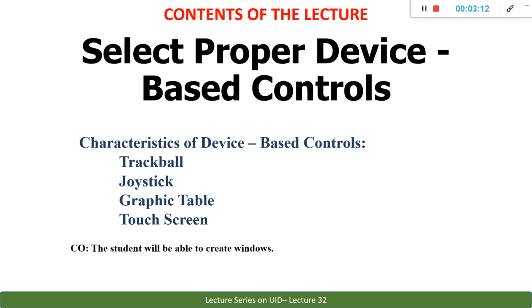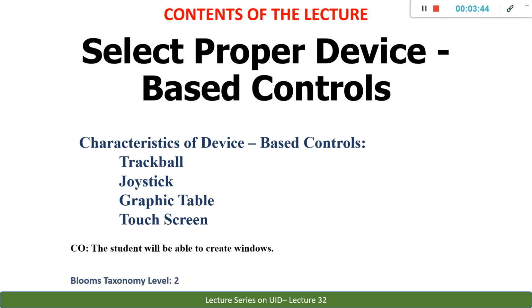So today we are going to see the characteristics of four devices, how the device based control can be implemented, when it should be implemented, whether it has an advantage or whether it is filled with disadvantages. We'll see that. The four controls are trackball, joystick, graphic tablet, and touchscreen. Okay, so we'll be seeing these four devices.